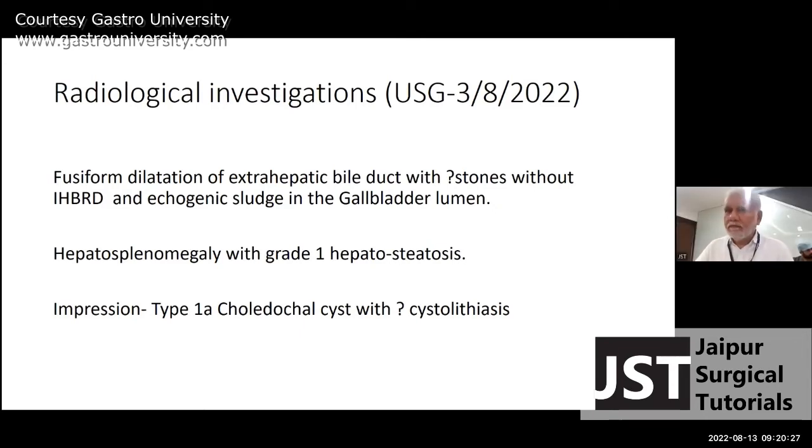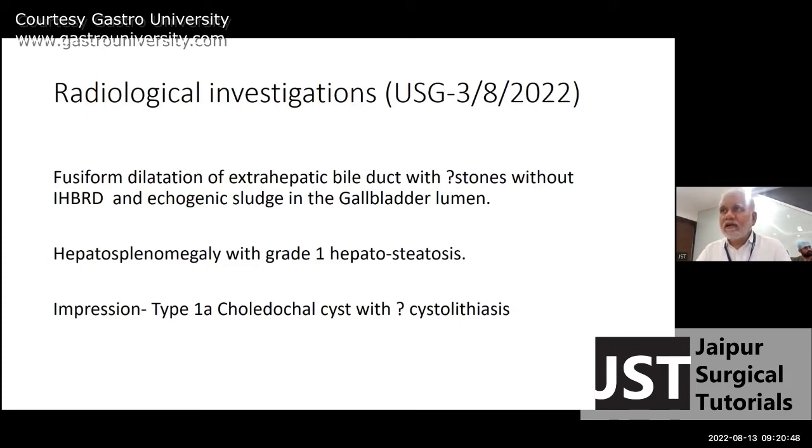So this is one example where I say do not try to find out the diagnosis of the case in the exam, because if you knew that this patient has a choledochal cyst even before the ultrasound, you will try, that is a human tendency, to justify it, and you might even say that my diagnosis is choledochal cyst, which will not be acceptable.